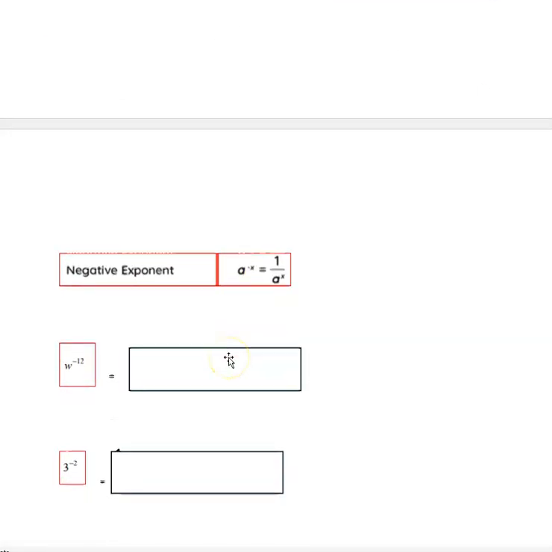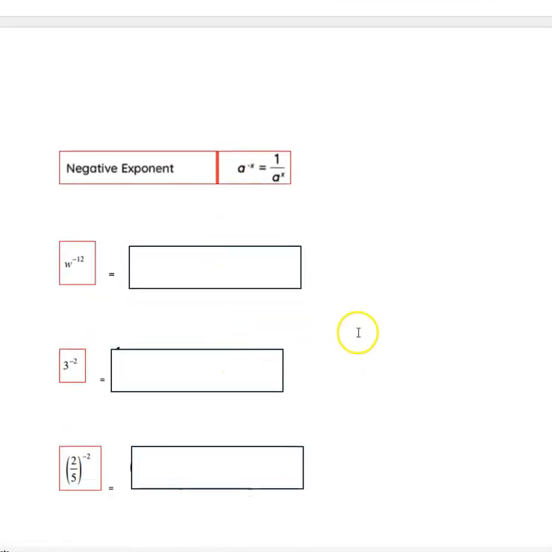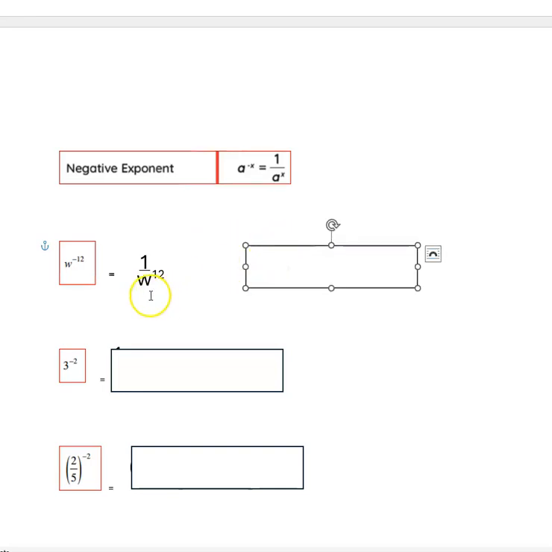And then our last one is negative exponents. Negative exponents allow you to move things to make them a little bit easier for you. So, if I have something to the negative power, I can just change it to the positive power and move it to the opposite side of the fraction. So, remember, this is actually w to the negative 12 over 1.